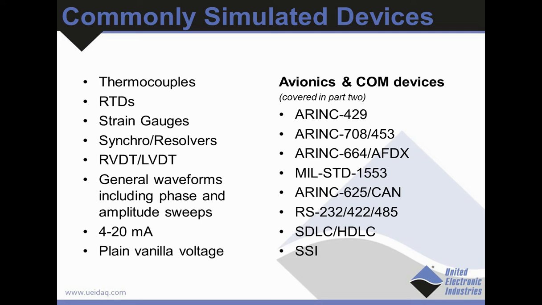And then part 2, which we haven't scheduled yet, but we're planning to work on, we'll take this presentation into the avionics and comm devices part of the world. We'll cover ARINC 429, 708, 453, AFDX, the ubiquitous MIL-STD-1553, CAN, and some other serial devices.